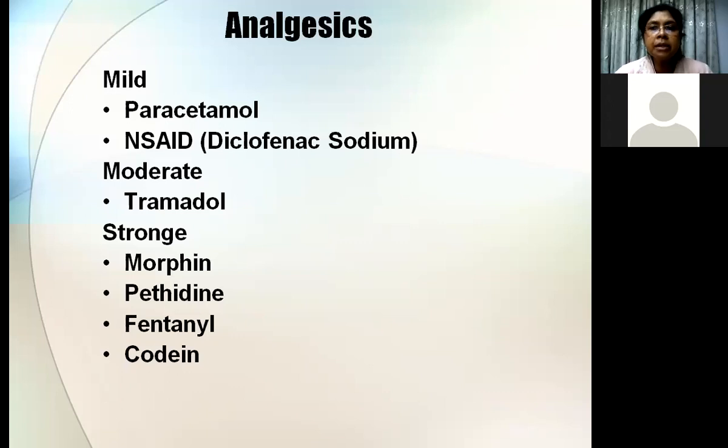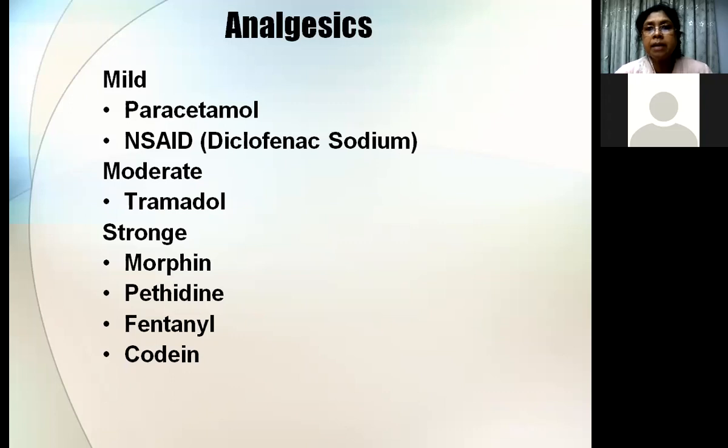You use two or three in combination, you can reduce the pain very well. So that is what we do right now. And analgesics can be divided into mild, moderate, severe, or strong analgesics.